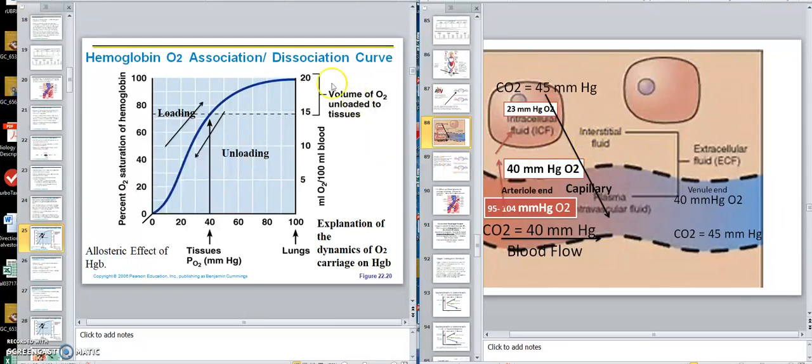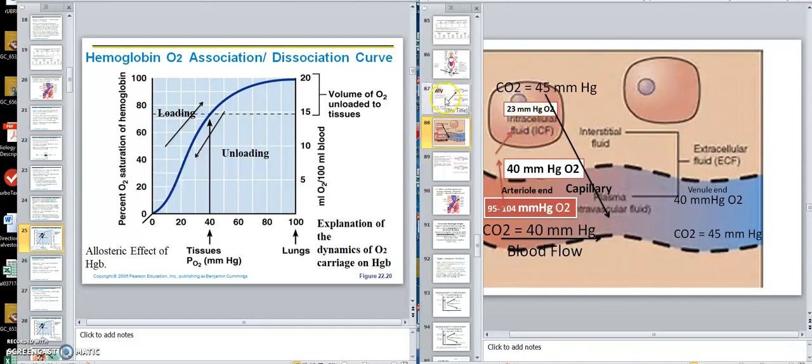The normal utilization is just throw one off. But if trouble occurs and you're not where you need to be, then before that blood leaves that capillary, it needs to be throwing oxygen off much faster, hoping to restore the intracellular level to that.